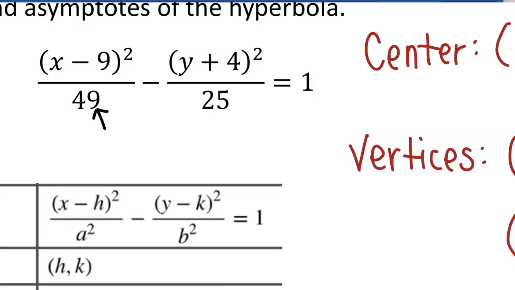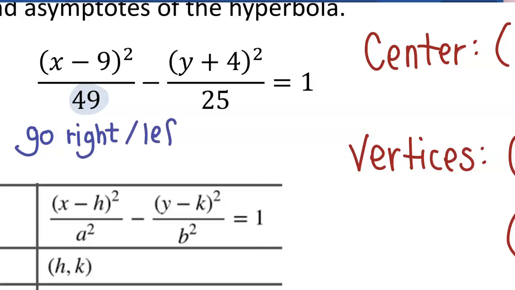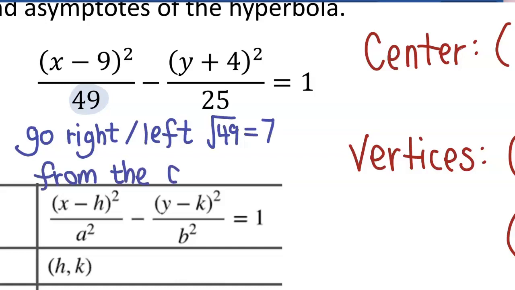Let me highlight that number 49. This is telling us that to get to the vertex, we will go right or left the square root of 49, which is 7, from the center.